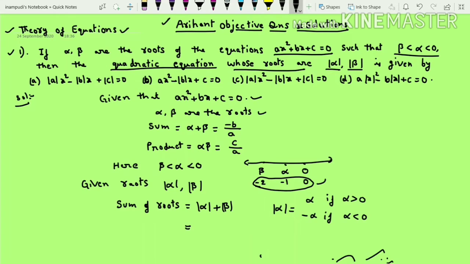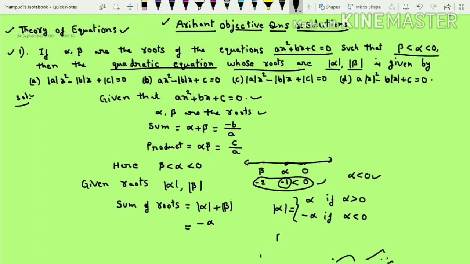Here we can observe that alpha is less than 0, on the left hand side of 0. Minus 1 is less than 0, so mod alpha can be taken as minus alpha.